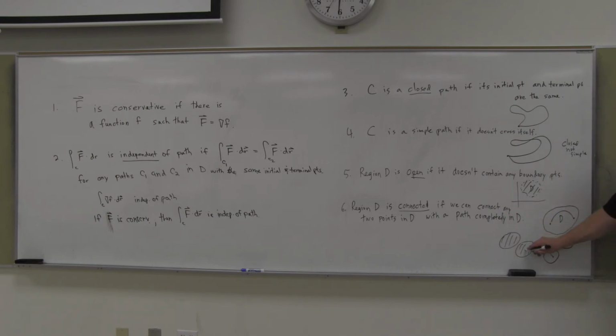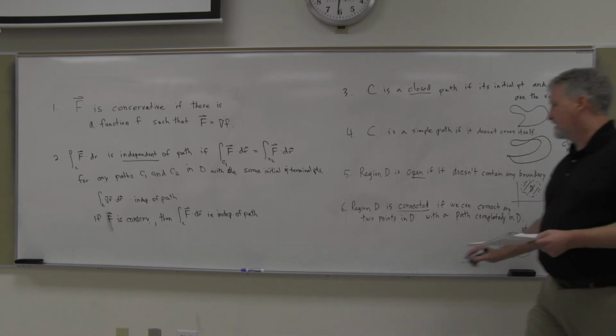There's no way you can go from this part to that part inside D. You see, not connected. It makes sense that that's what it's called because those aren't connected.